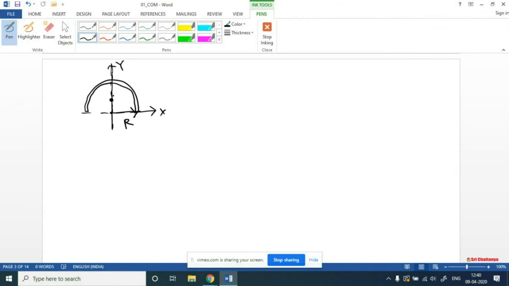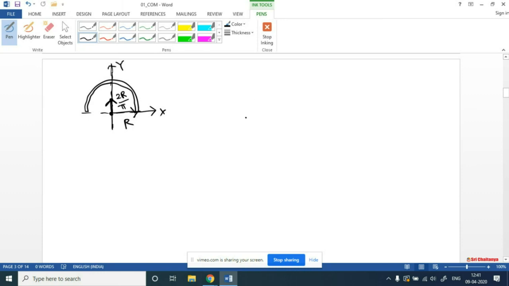We must be able to predict things before going into the real mathematics or calculation. So this distance from the center of this semicircular ring is going to be 2r by pi. One must remember this formula.